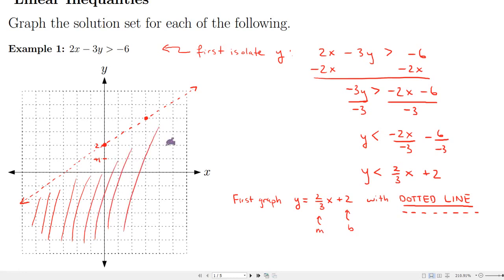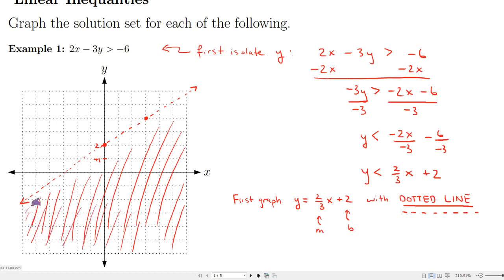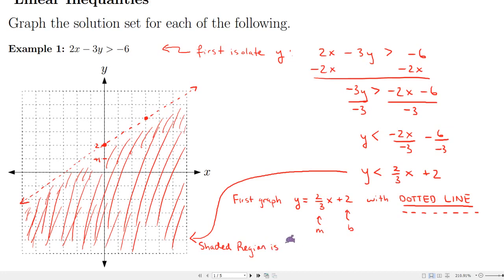So this is our shaded area, anything that is less than that dotted line. The shaded region is the solution set to that linear inequality.